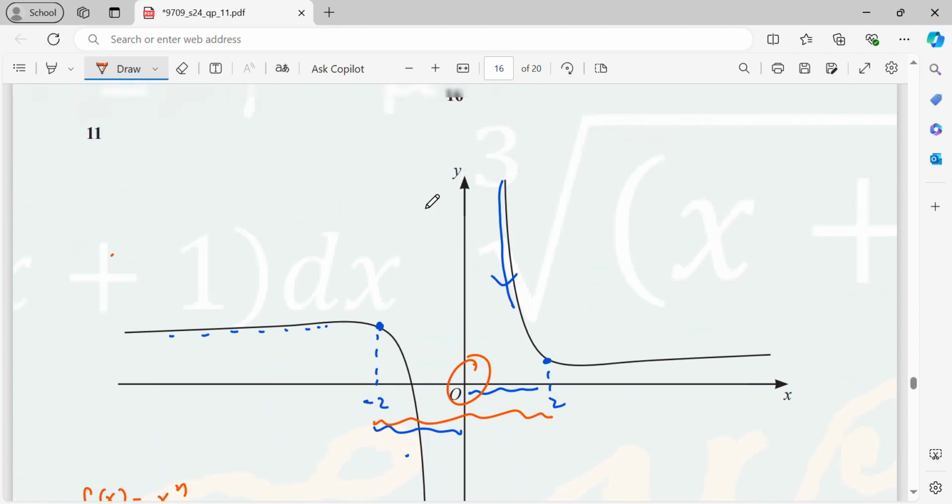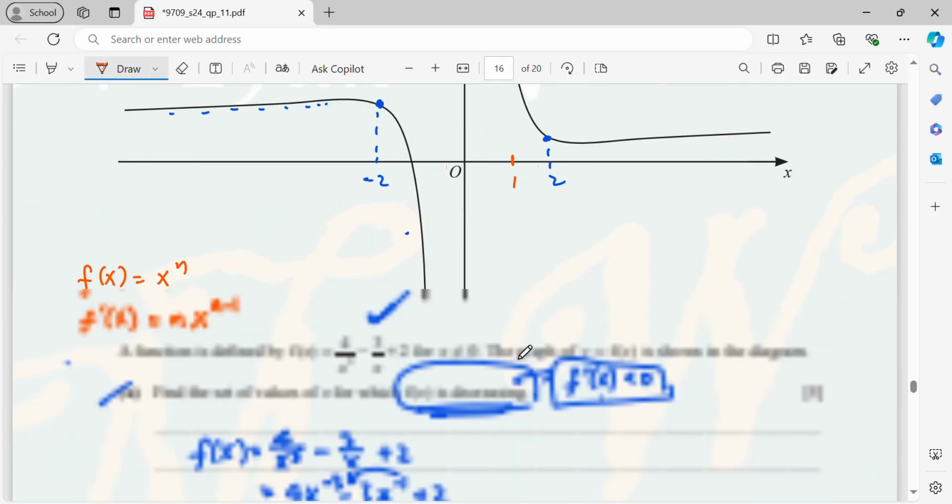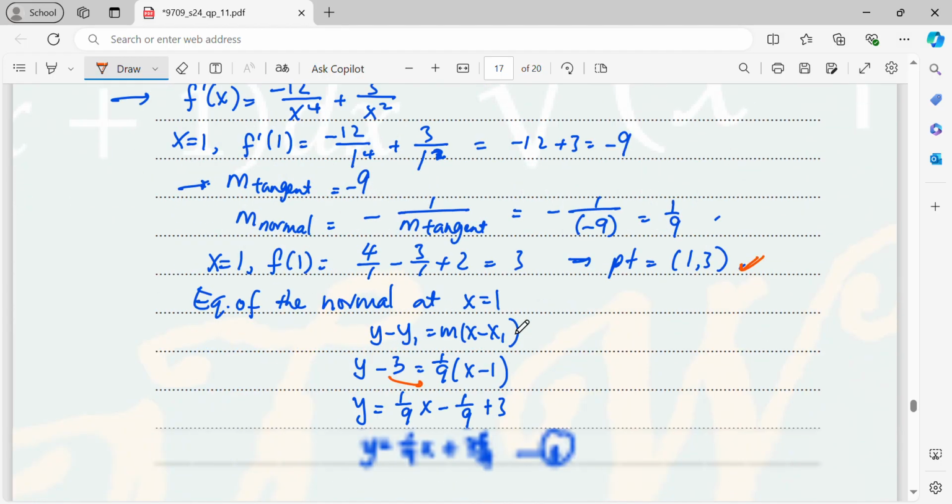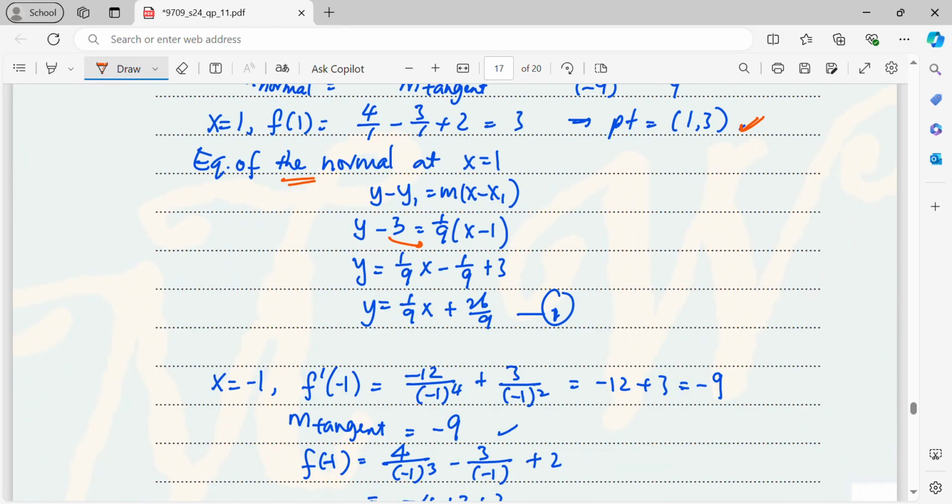Let's say here x is 1, the y is 3, and here is the point, just as an example. Now from 1 and 3, we are forming the normal line. And this is the y-intercept, 26 over 9.